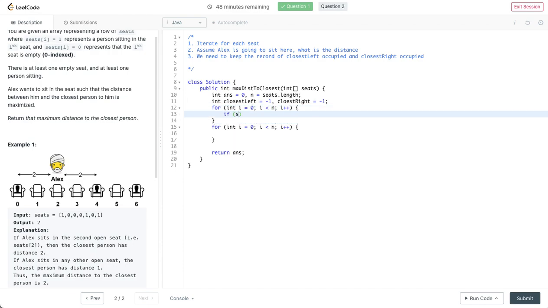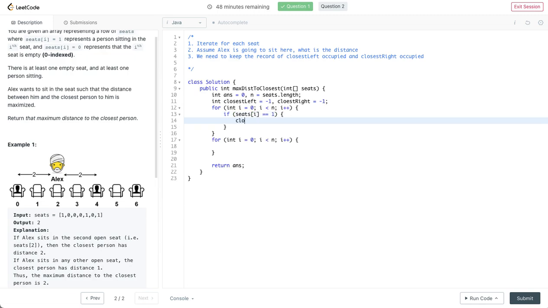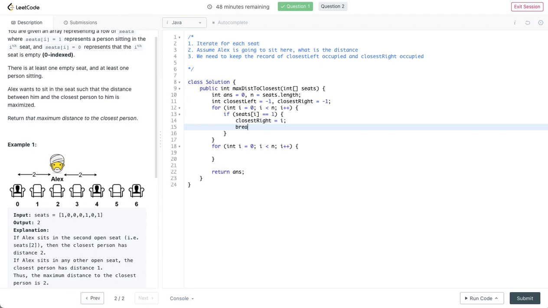If seat I equals 1, then it means it is occupied. Then the closest right is going to be I and then break.